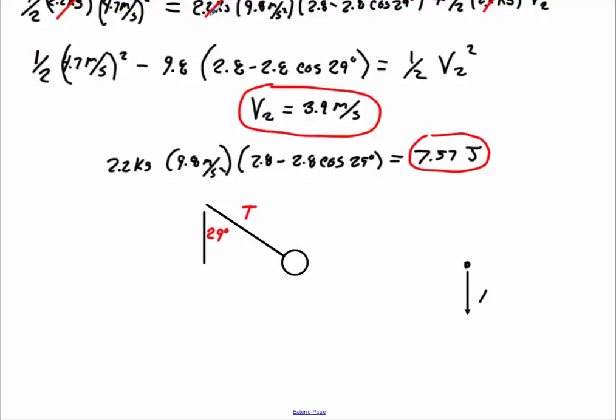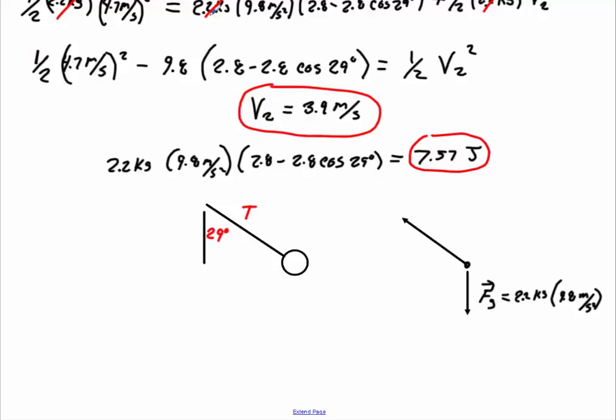That's going to be my force of gravity, and that's going to equal 2.2 kilograms times 9.8 meters per second squared. All right. From that point there, I will draw what else I got taking place, and the only other thing I'm going to have is my tension coming up here.